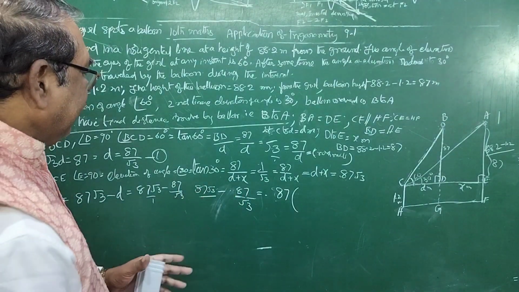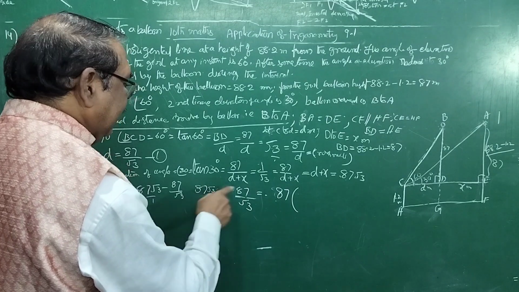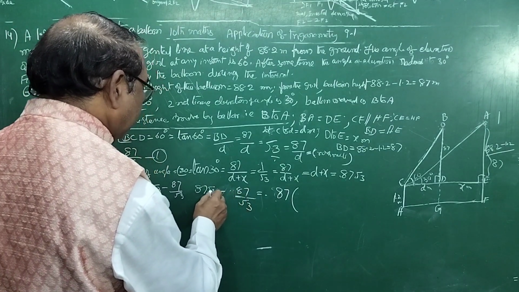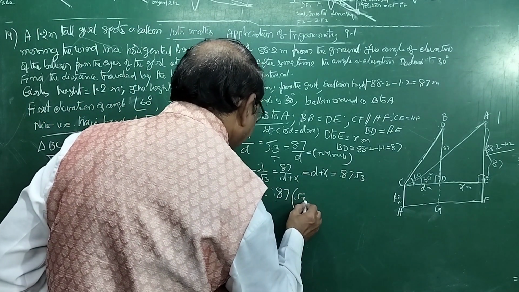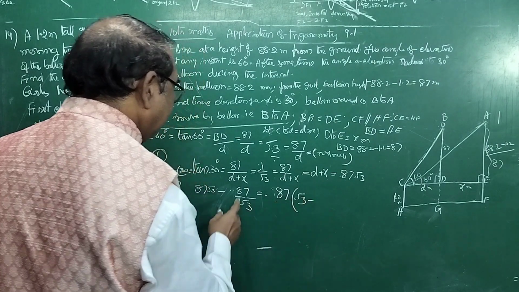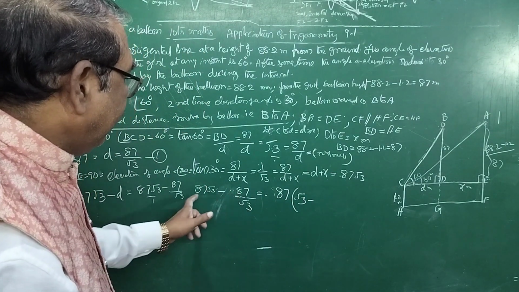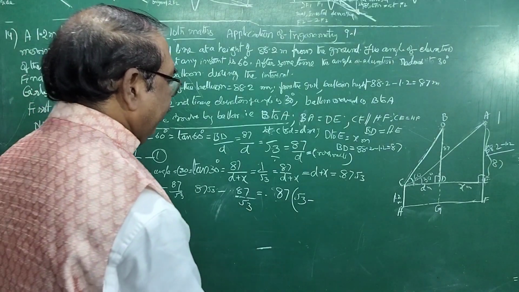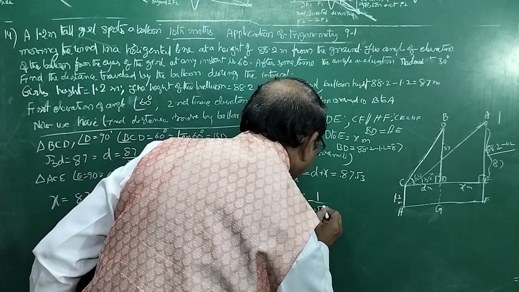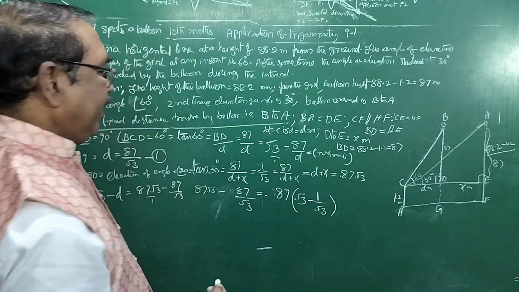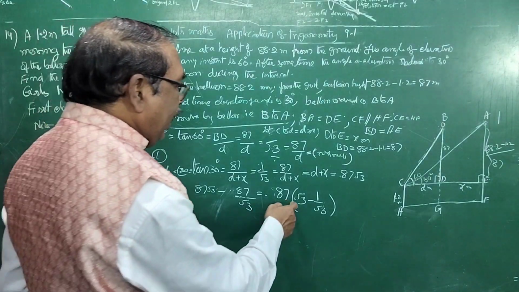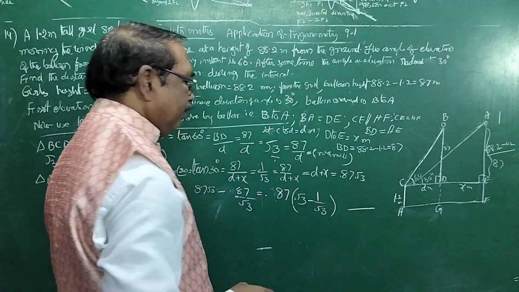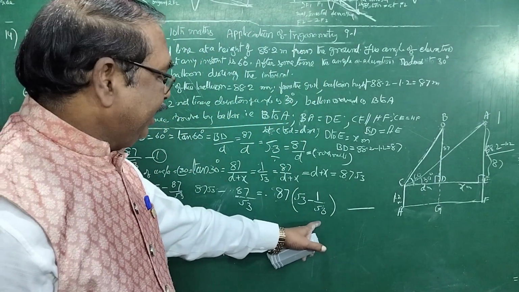In these two terms, 87 is common, so 87 is brought out. Root 3 is there here, minus. Here, 87 is already brought out, so 1 by root 3 will remain.